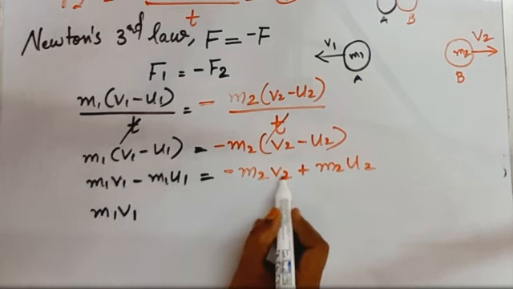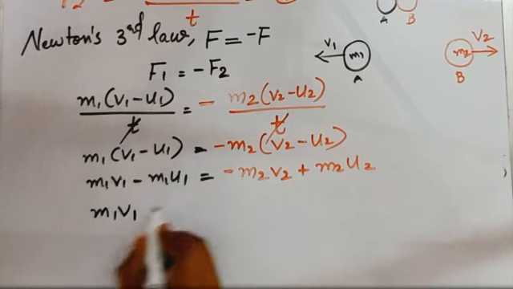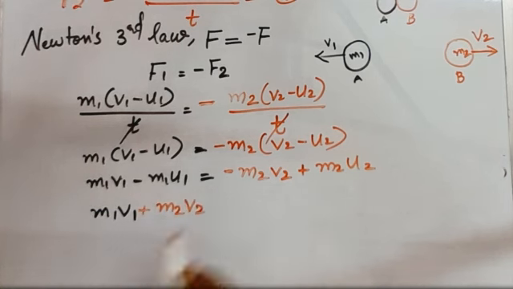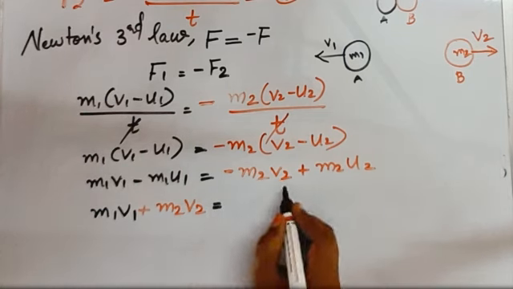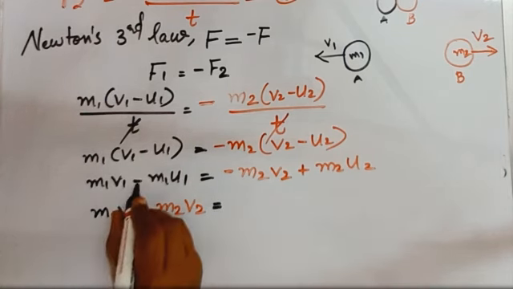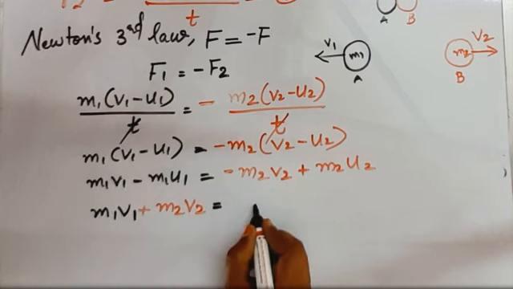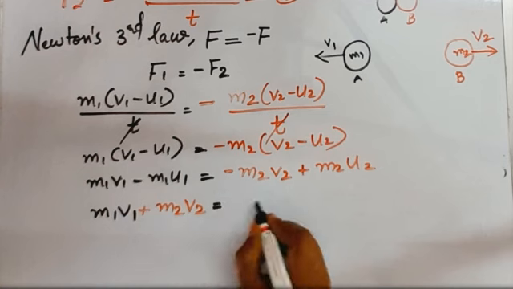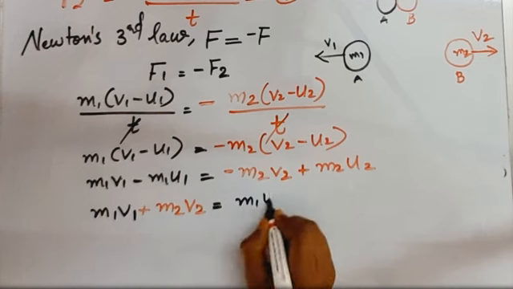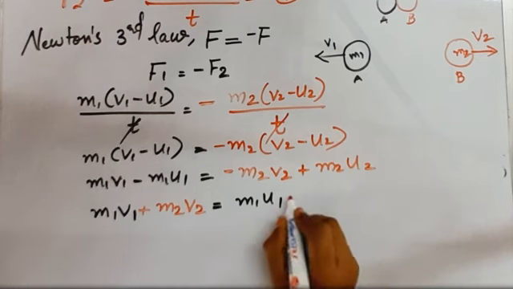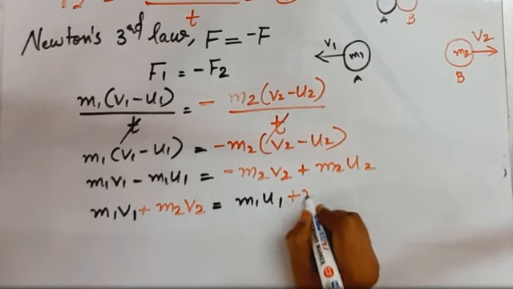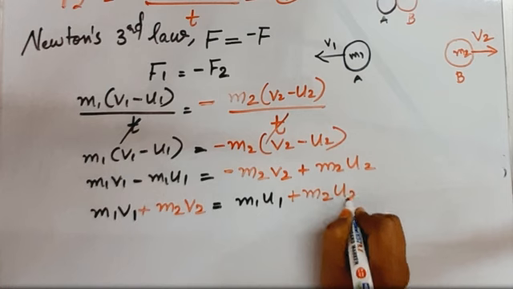This minus M2 V2 comes to this side, so plus M2 V2, is equal to M1 U1 plus M2 U2.